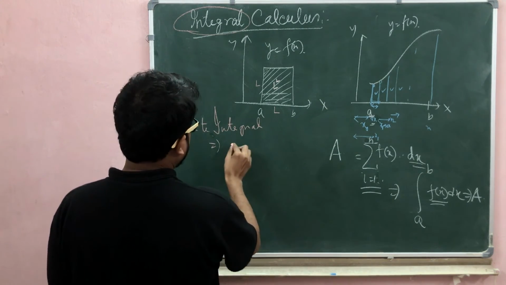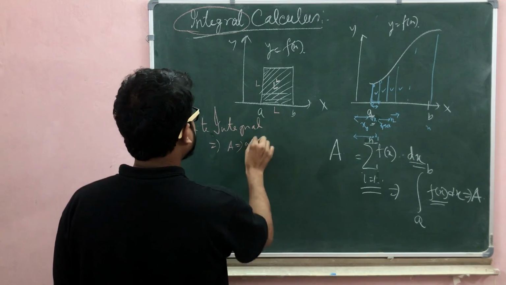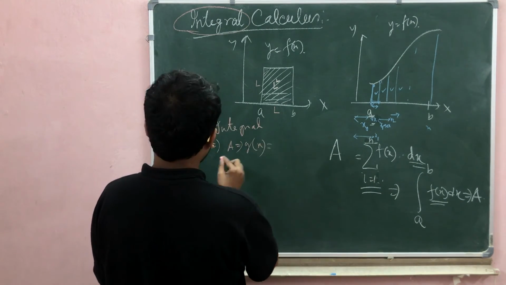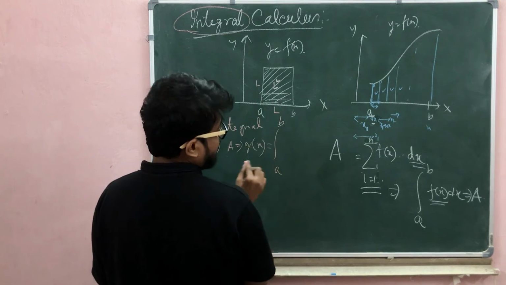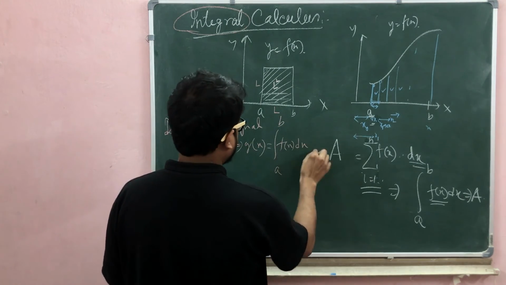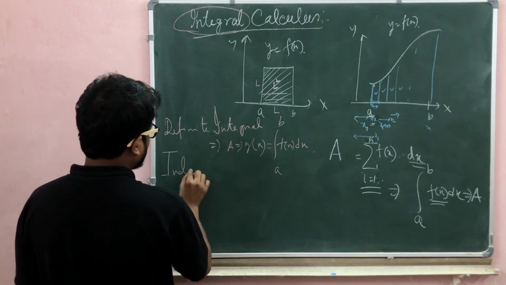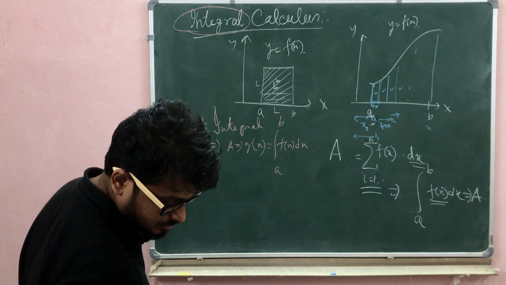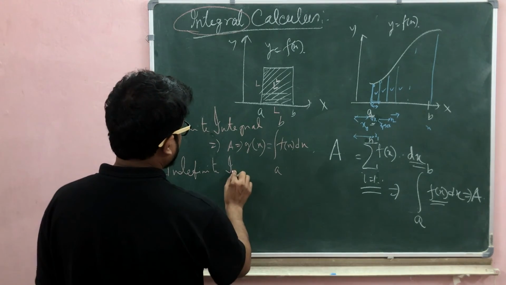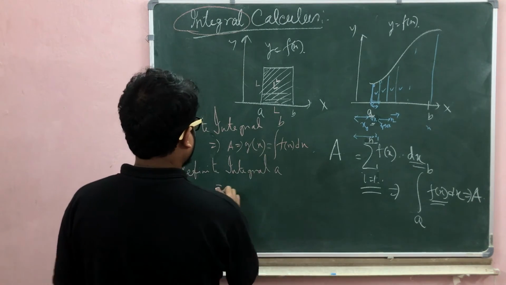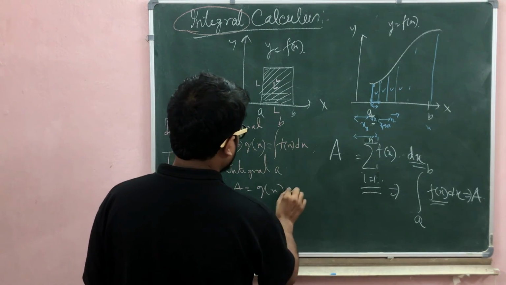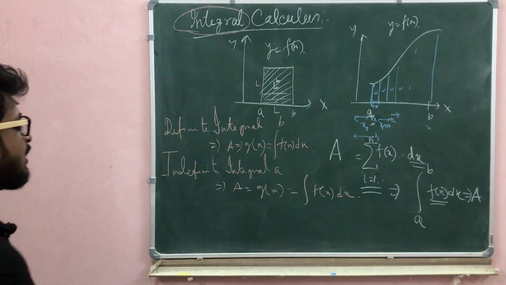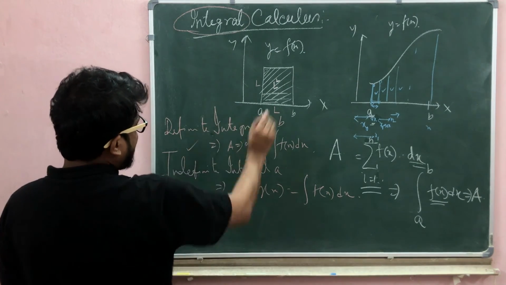For the definite integral formula, we choose the area as g(x). The definite integral from a to b has boundaries, while f(x) dx alone is the indefinite integral. So A is equal to g(x), the integration of f(x) dx. How do we solve that integration?